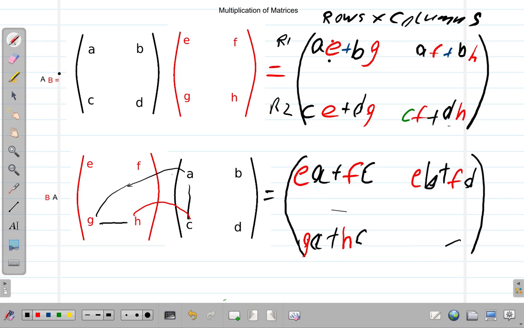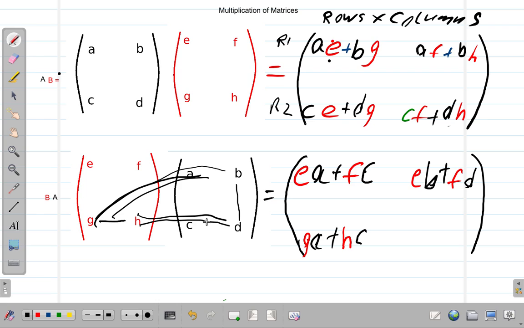And after this, we need this element, whatever it is, in row 2, column 2. So I want row 2, column 2. So we must multiply row 2 by column 2. G times B plus H times D. First times first plus second times second.